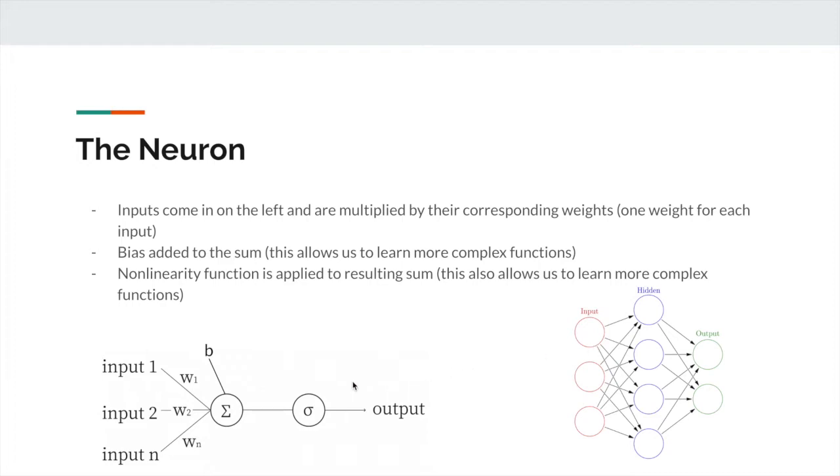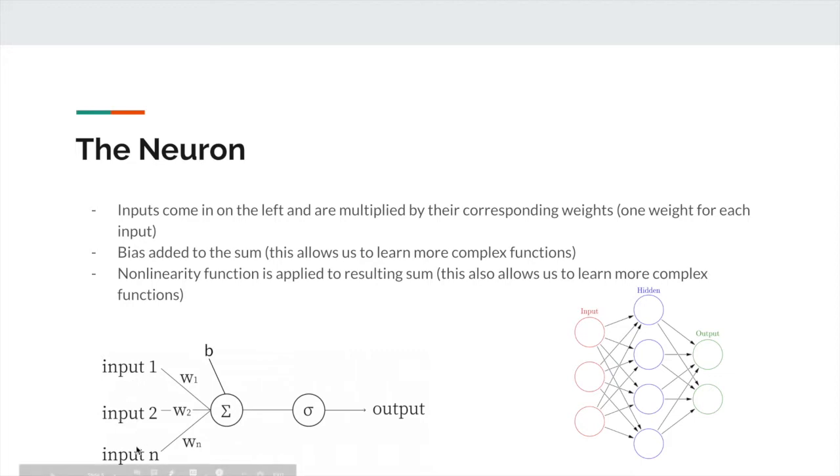The individual unit behind neural networks is called a neuron, where you have some inputs, and these are going to be numbers, right? You have to represent your data numerically somehow. For the example of images, we take the pixel values, which are just numbers between 0 and 255, and pass them in here.